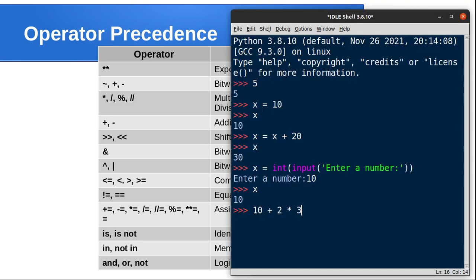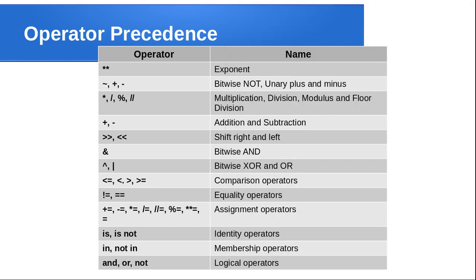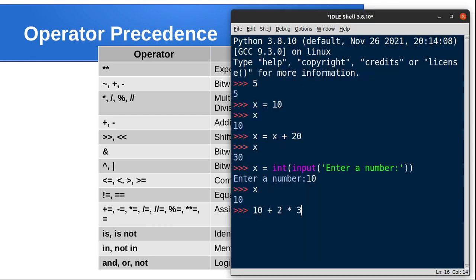Consider this example, 10 plus 2 into 3. Look at the table: multiplication has higher priority than addition. So in this expression, the multiplication is evaluated first. 2 into 3 is 6. This 6 is added to the value 10, so the final result is 16.